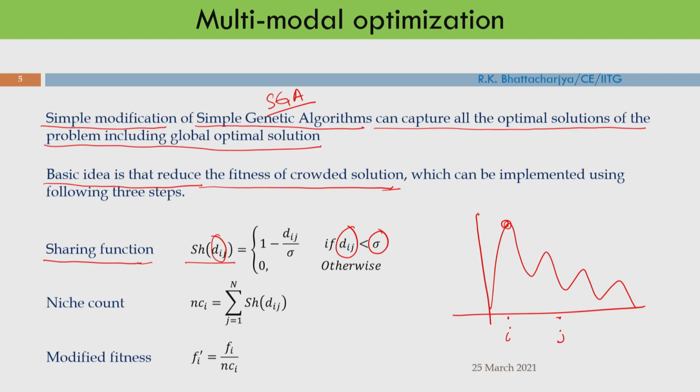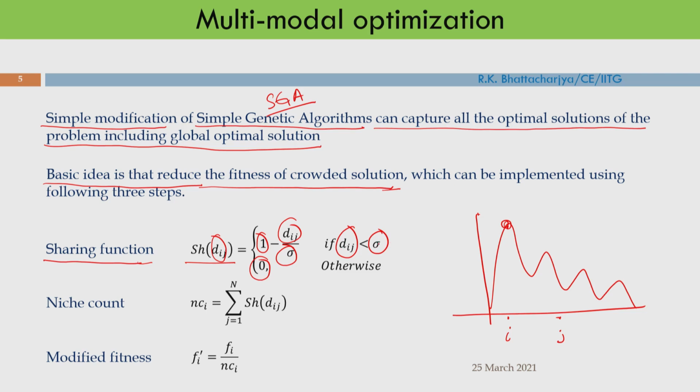In that case, I will calculate the sharing function value, which is equal to 1 minus Dij by sigma. Therefore, if Dij is 0, that means the two solutions are at the same place, the distance between i and j is 0, then this function value will be 1. Otherwise, if Dij is greater than sigma, I will put 0, and I will not say that the particular solution is crowded. So, I check whether Dij is less than sigma.